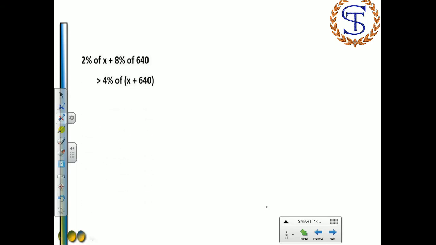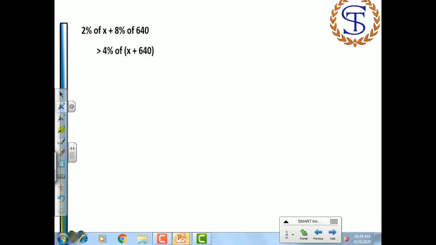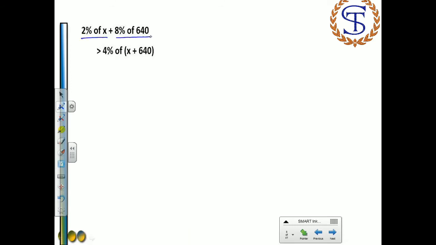Let's see the first equation. In this first equation, what is given? 2% of X plus 8% of 640 is greater than or equal to 4% of 640 plus X. How can we solve this? Just simplify this.